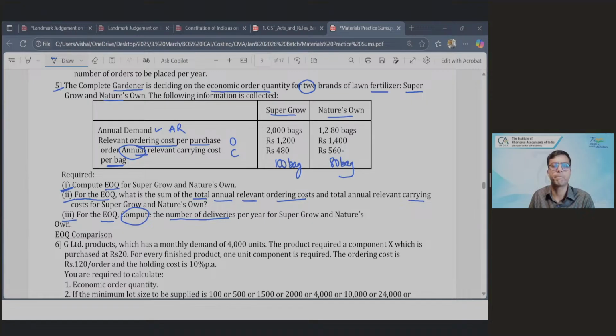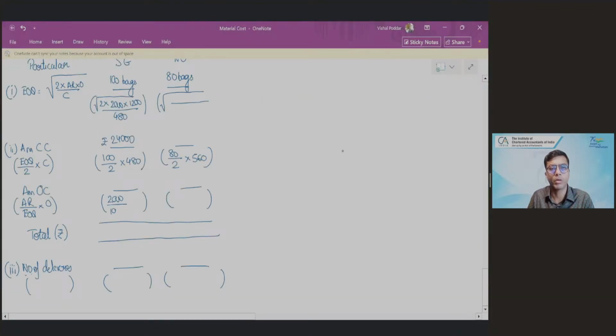Correct. Then here, AR 2000 upon 100 into 1200. Now see, interestingly, the amount is same. In fact, it has to be same because we calculated EOQ with this basic conceptual premise that EOQ will be where both the costs are same.